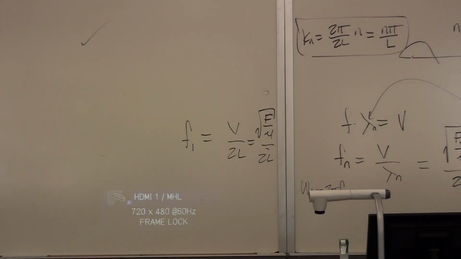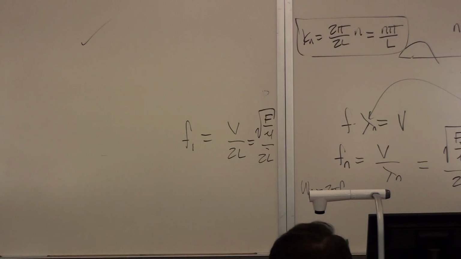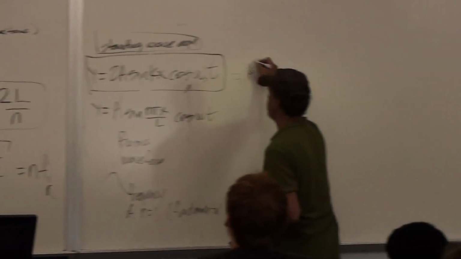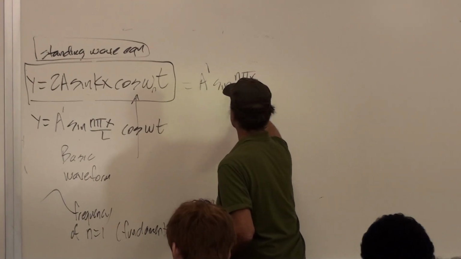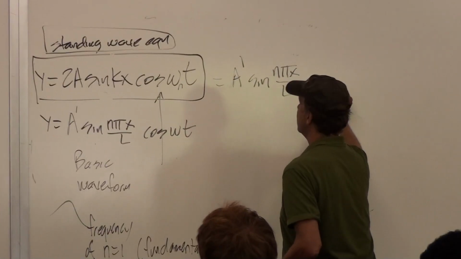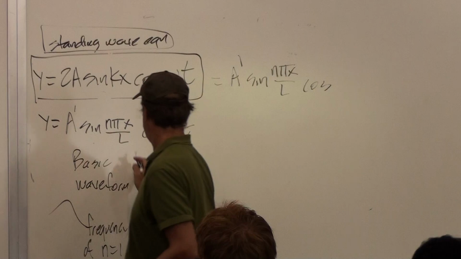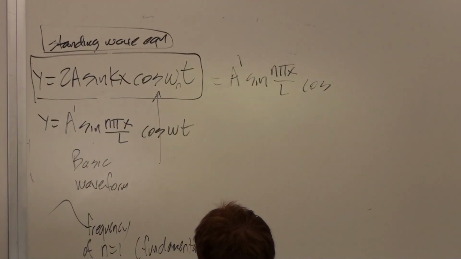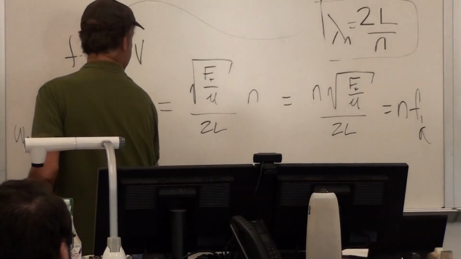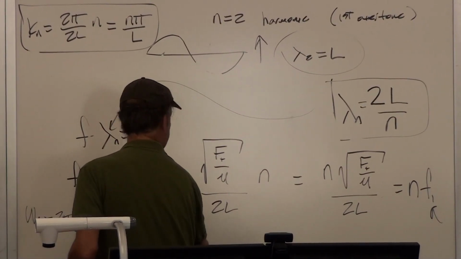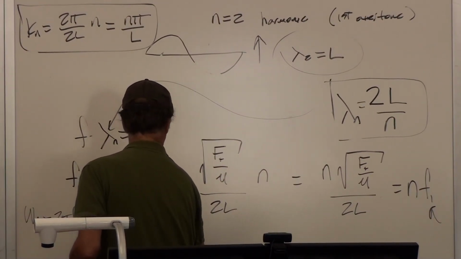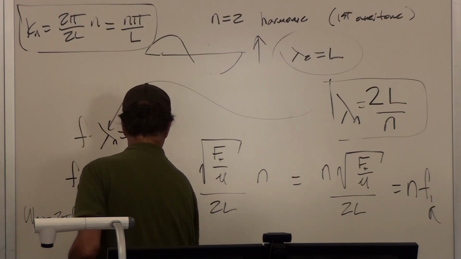So omega n, we'll write this in as A prime times the sine of n pi x over L times the cosine of, and then here, we've got 2 pi times Fn, that's going to be 2 pi times the square root of the tension divided by the mass per unit length, divided by 2L.